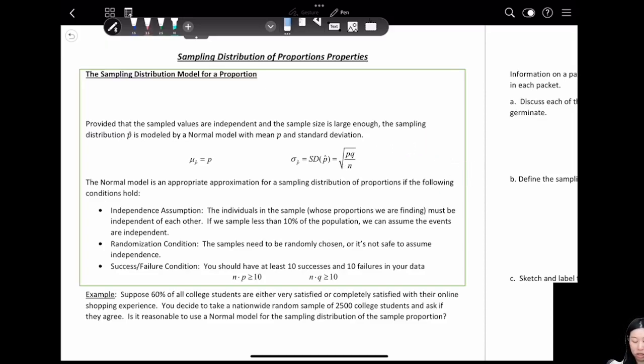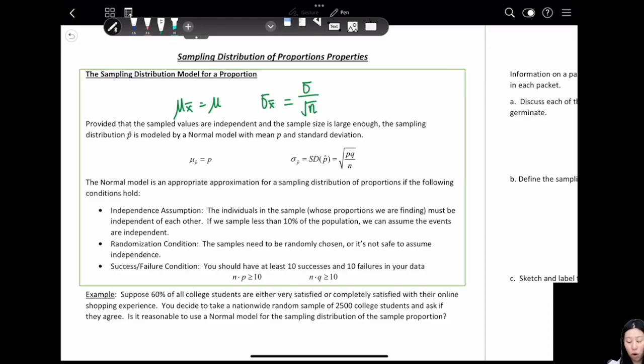And I want you to distinguish this from the sampling distribution of mean. We use the notation mu of x bar equals mu, and sigma of x bar equals what? The standard deviation divided by the square root of the sample size.